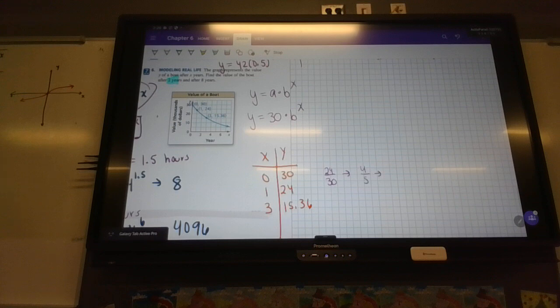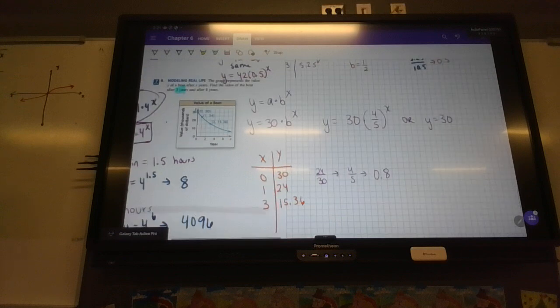And I love that base. Just so you know, that's 0.8. Every year, it's worth 80% of what it originally was. That means it's decreasing 20%. Our equation is going to be 30 times 4/5 to the x, or 30 times 0.8 to the x.